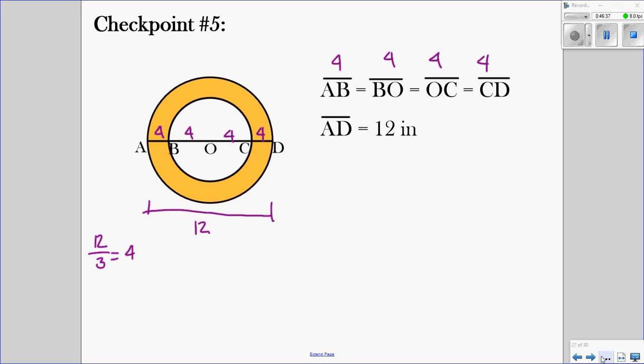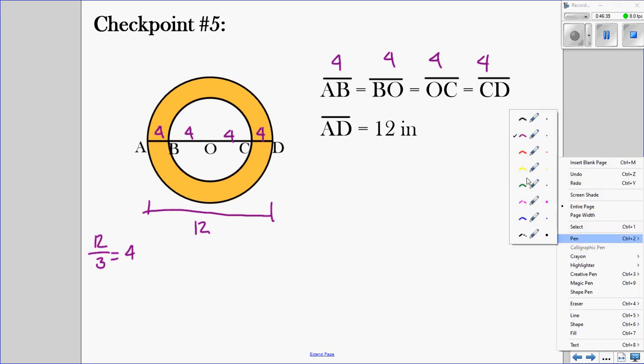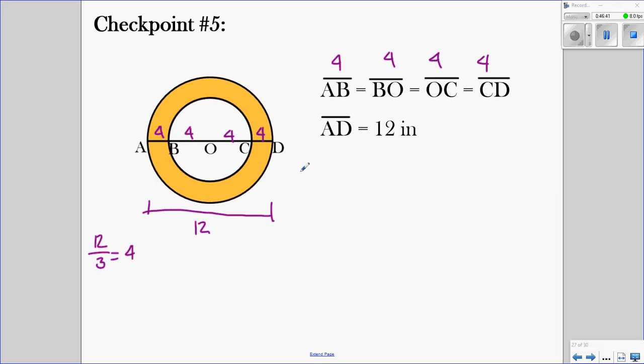Now we can start doing the fun part, finding the shaded area or shaded region. So we're going to look at the big circle, pi r squared. The diameter is 12, so half of that is 6.